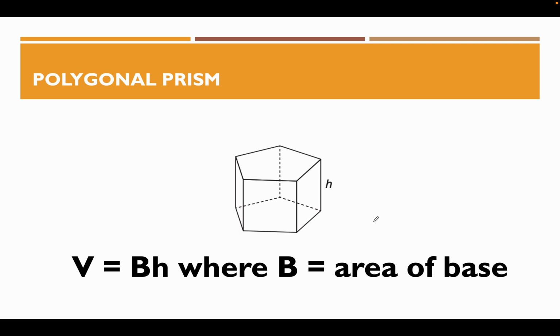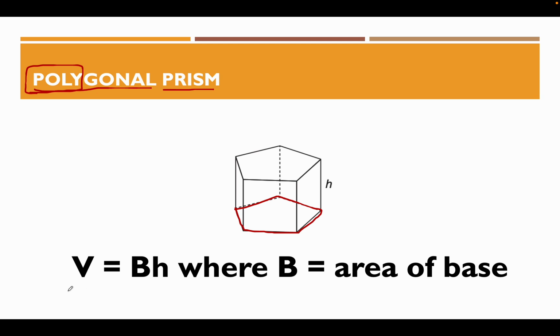The last formula that's on your formula sheet has a strange title. This says polygonal prism. And the picture that they're showing you is actually a pentagonal prism. So a little bit confusing because both of the words start with P's, of course, but remember a polygon is, the definition of a polygon is that it's any closed figure with at least 3 sides.